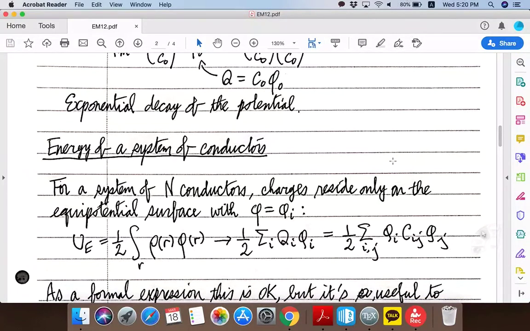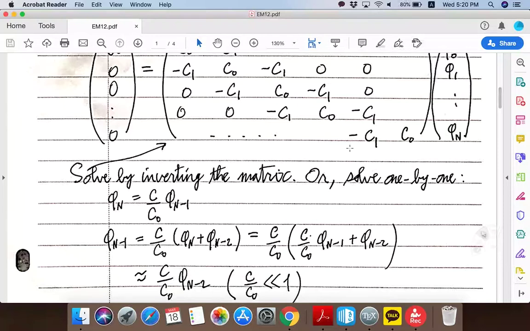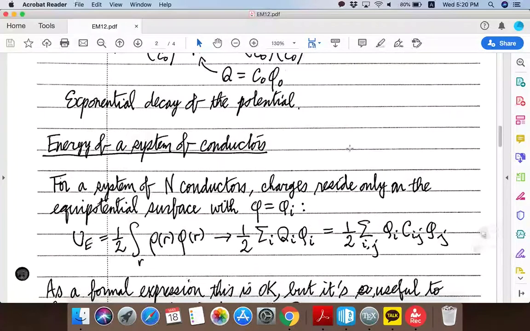Okay, so that's another nice application of this equation relating the charges to the potentials when you have a system of conductors.